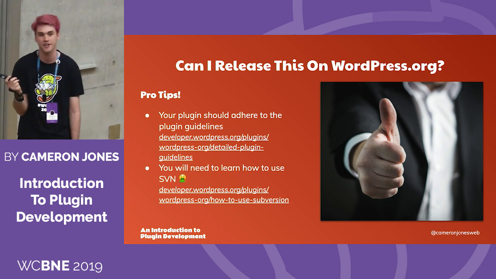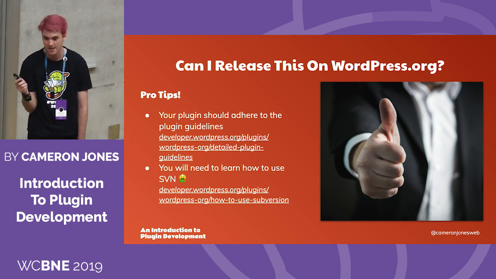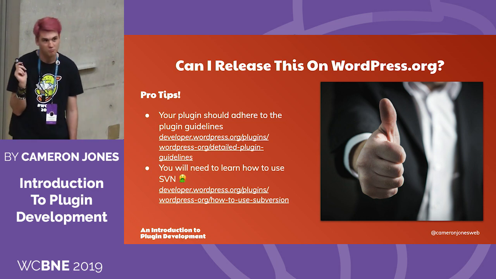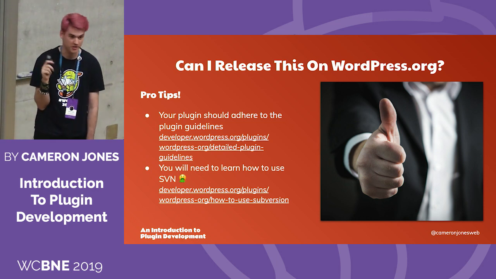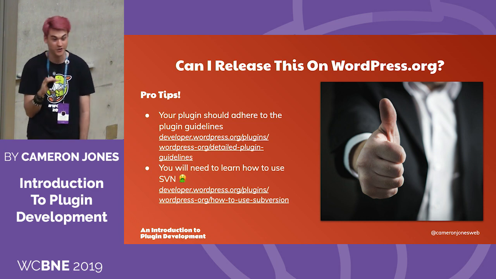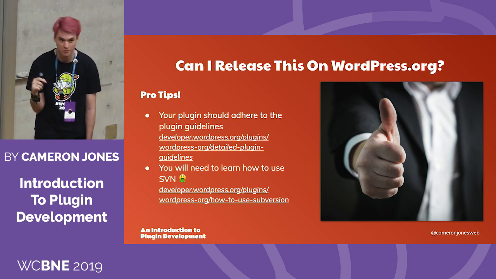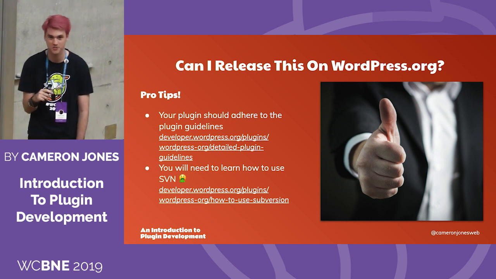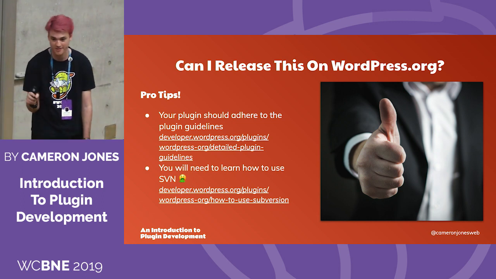You'll also need to learn how to use SVN, which is a worse version of version control than Git. I only ever use SVN for WordPress.org stuff. It's not really used much anymore, so you probably won't use it other than for this.